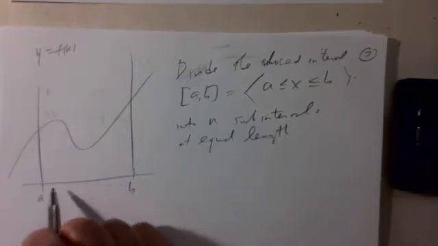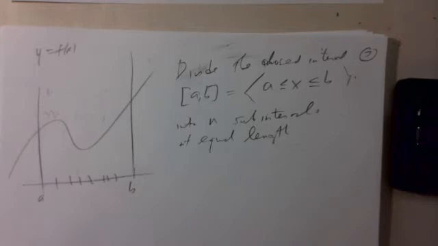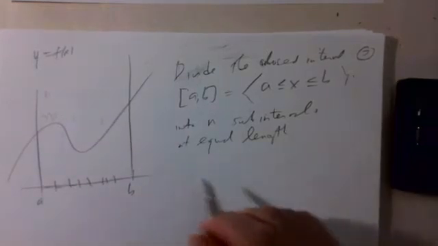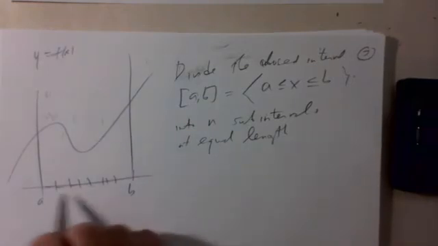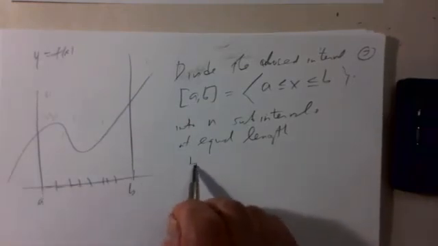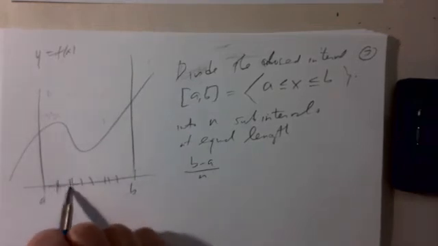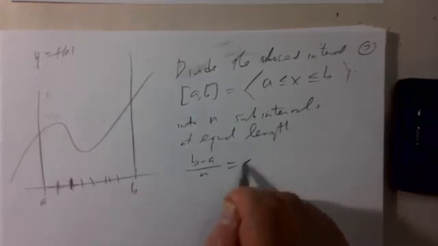So if this is the interval from A to B, and we divide it into intervals of all the same width, what is the width? Well, from A to B, that distance is B minus A. And if you divide it by n, that's going to be the width of each of these little intervals, B minus A over n.